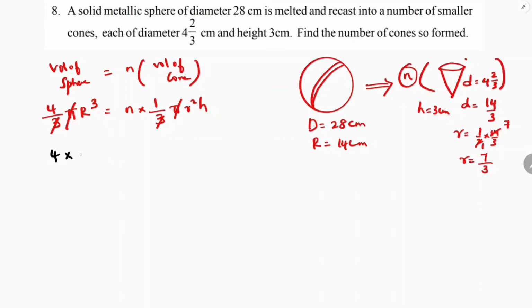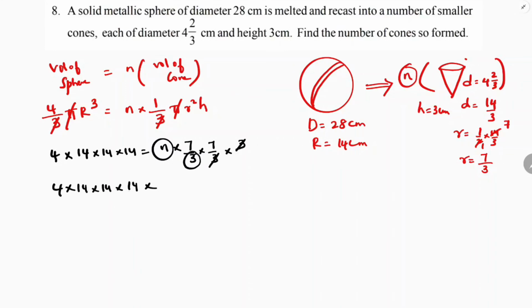So 4 into radius is 14 into 14 into 14, and radius of cone is 7 by 3 into 7 by 3 and height is 3. So 3 and 3 cancel as I need to find n. So 4 into 14 into 14 into 14 into 3. This 3 will transpose here into 3 by 7 into 7 equals n.